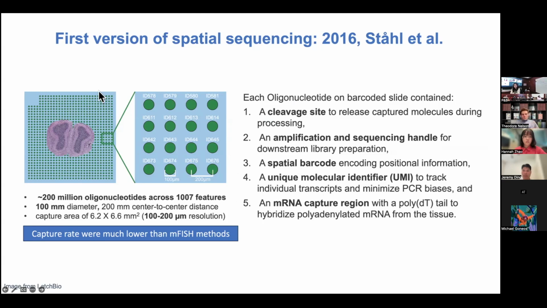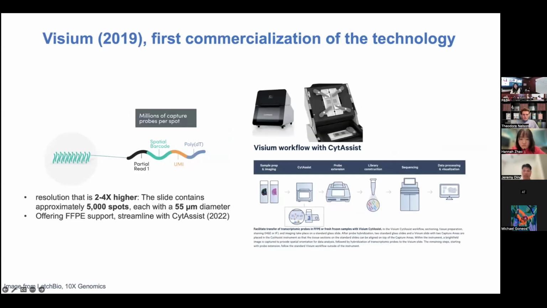Each of the barcodes had a cleavage site where you can retrieve the libraries, the reverse transcribed and cDNA synthesized libraries, but also the amplification and sequencing handle barcodes, and the rest of it becomes really similar to any single cell methods. And this basically became the Visium standard definition, or regular Visium, after commercialization.